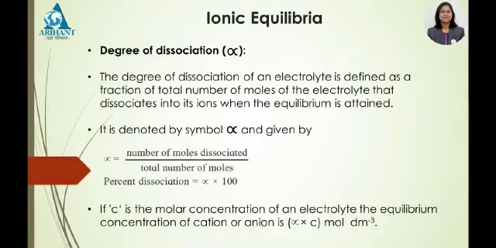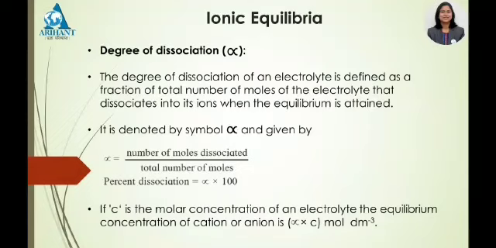That sign is called the degree of dissociation. This degree of dissociation has a correlation with the electrolyte, that is strong acid, strong base, weak acid, weak base. It is denoted by the symbol alpha and it is given by: the degree of dissociation is equal to the number of moles dissociated divided by the total number of moles.